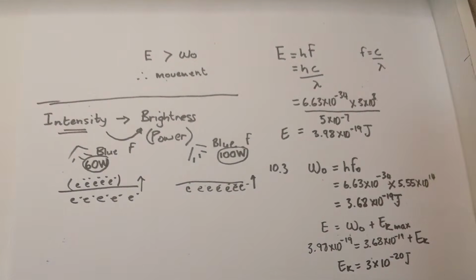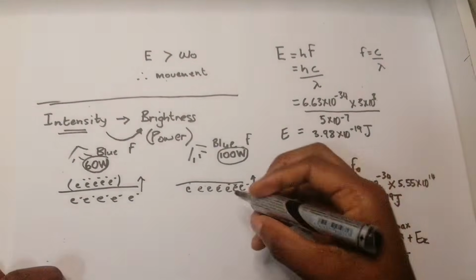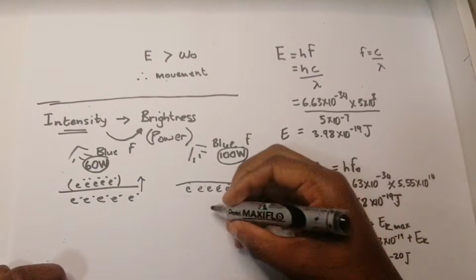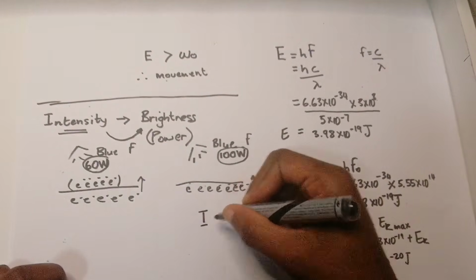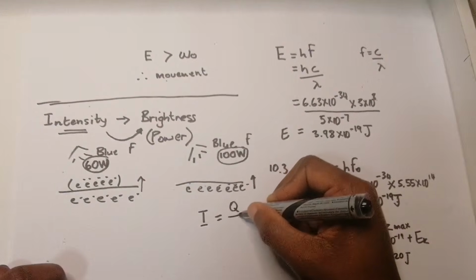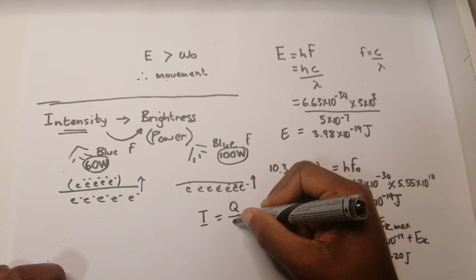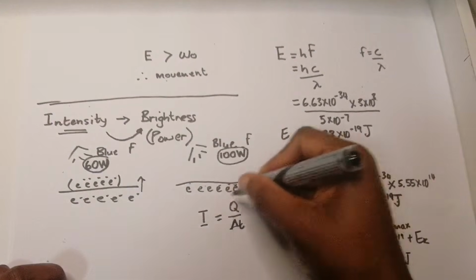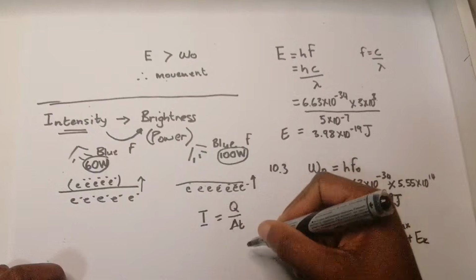So as a result, I will have a greater photocurrent. Remember, what is current? Current is simply the rate of flow of charge. So it's the charge, the amount of electrons that I have, divided by time.